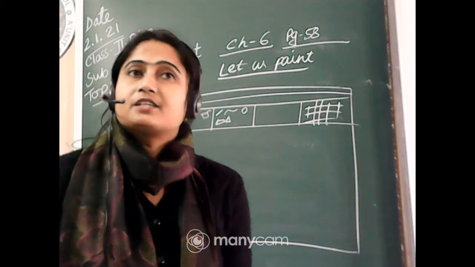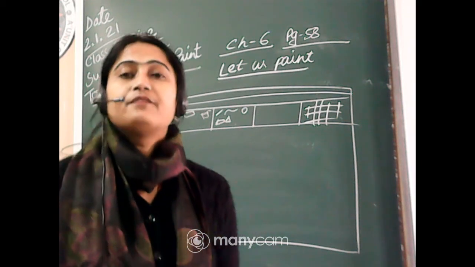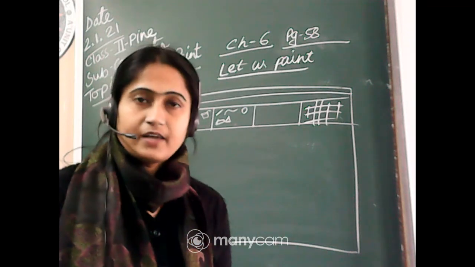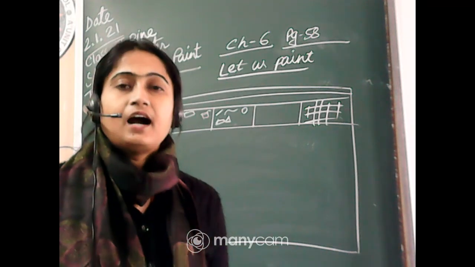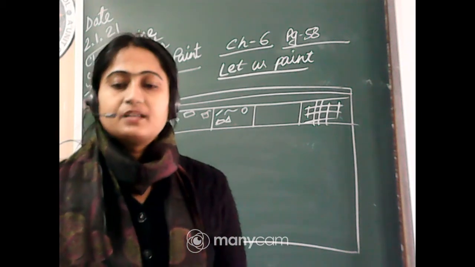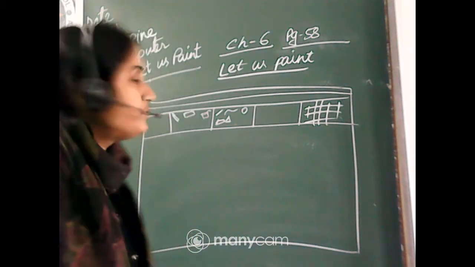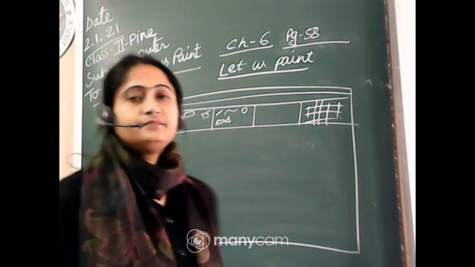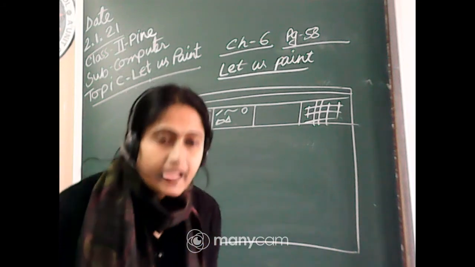How do you understand if it is selected? You can see its color has changed from the other tools. After selecting the tool, suppose you want to draw a flower on the drawing area.